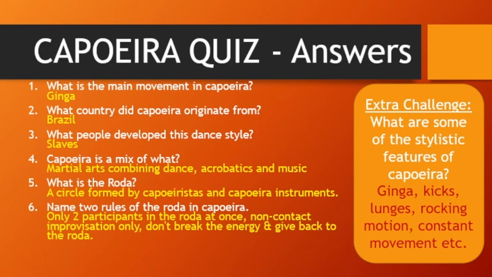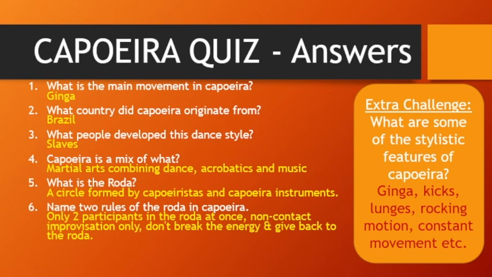Question number 6. Name 2 rules of the roda in capoeira. So only 2 participants are allowed in the roda at once. It's non-contact improvisation only, okay? Don't break the energy and always give back to the roda.